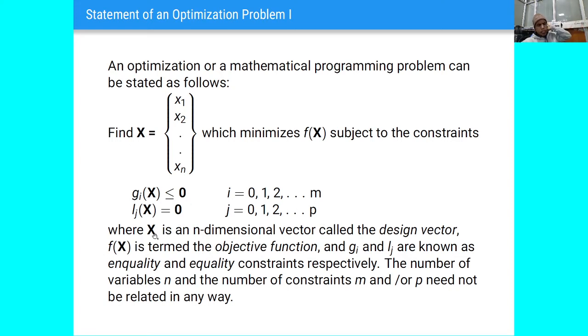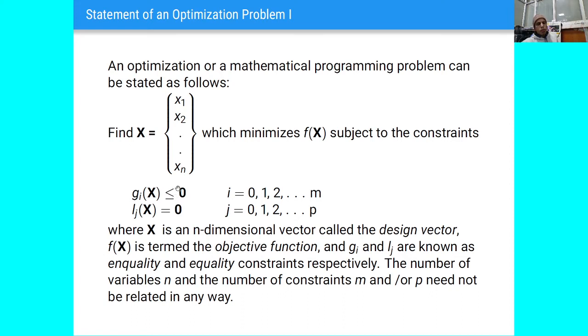Here, x is the n-dimensional design vector, f(x) is termed your objective function, and gi and lj are known as your inequality and equality constraints. Why is gi(x) called an inequality constraint? Because here a certain exact value is not available.